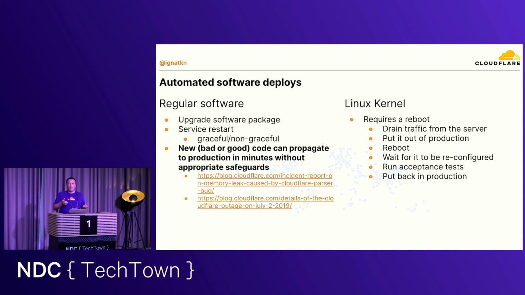And a modern server doesn't reboot quite fast. It takes minutes. Then when it's up, we need to wait for it to contact our configuration management system and get reconfigured. Once the server is configured, it runs acceptance tests to confirm it's ready to join production. And finally, it joins the network again and starts serving traffic.